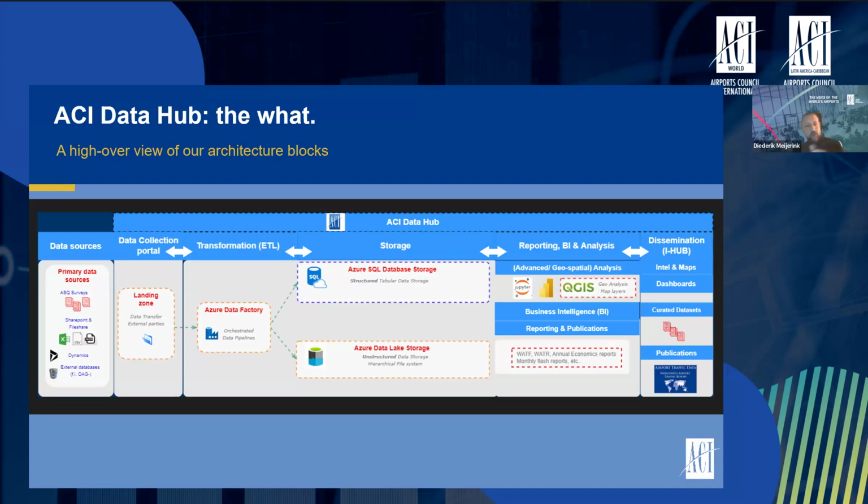You don't have to worry about the storage layer terminology, but just to let you know that we have a traffic database and a soon to come economics database as well that will enable us to build new products on top of it soon. And you'll see that the reporting and analytics layer, well, we use a lot of tools that tap into that data to build their interactive dashboards that you will see in the iHub, which is also part of the stack, a part of the ACI Data Hub, but it's the dissemination part of the shop.